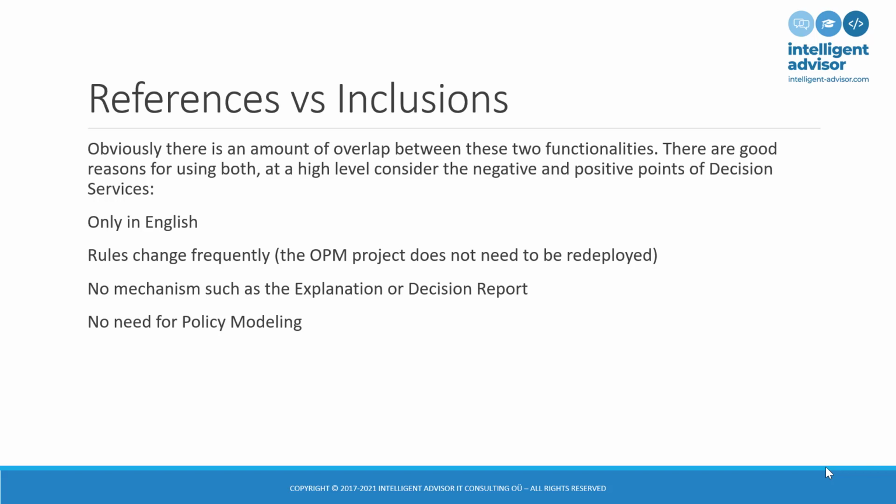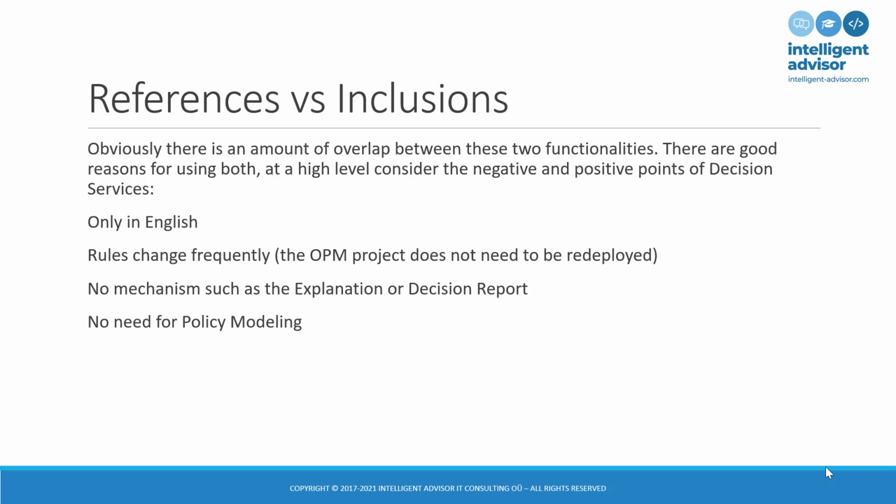If you have rules that change frequently, decision services might be a good choice, because when deploying a new version of the decision service, provided the contract doesn't change, the OPM project does not need to be redeployed, because the decision service will be accessed according to the contract that was already defined.